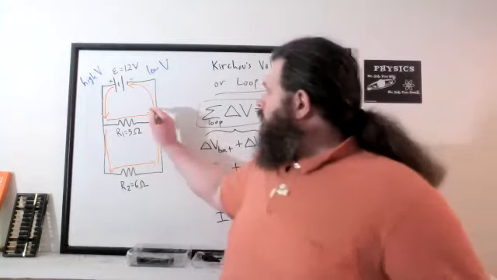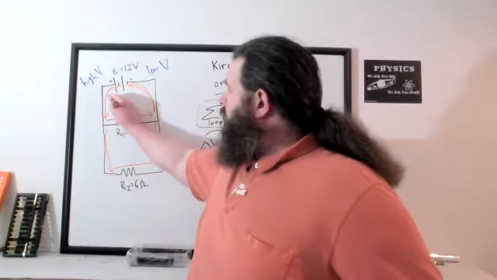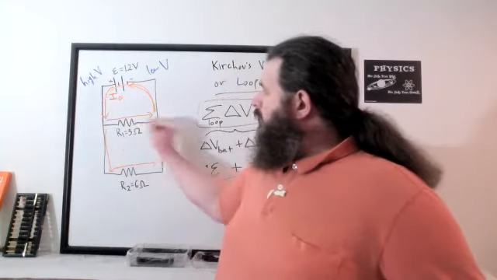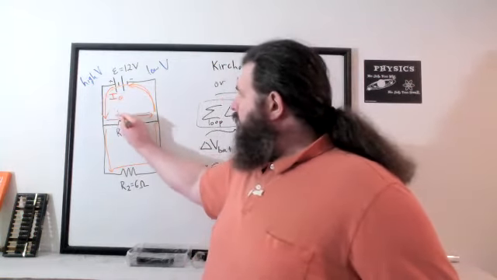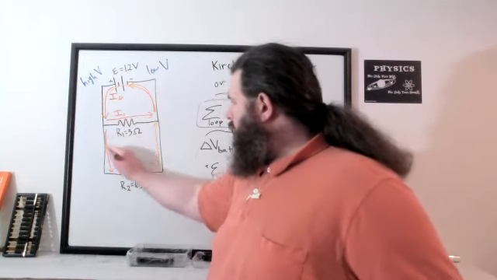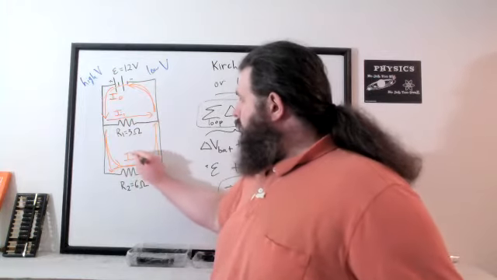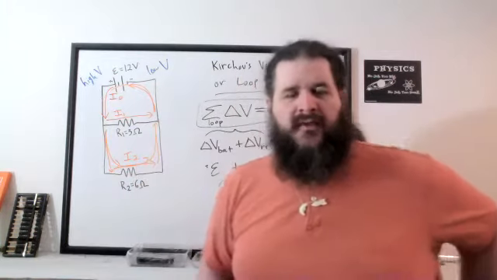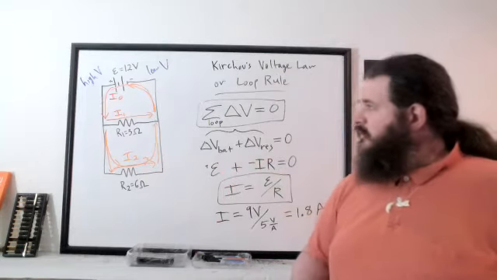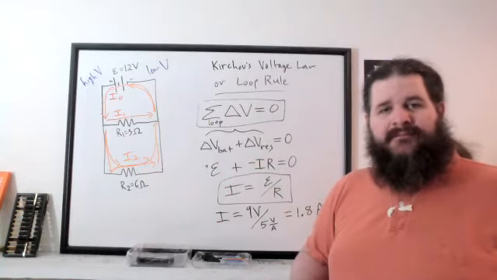You've got the current through the battery. Let's call that I sub 0. You've got the current through resistor 1. Let's call that I sub 1. And you've got the current through resistor 2. Let's call that I sub 2. So we've got possibly different currents through each resistor, and we've also got the current through the battery itself.